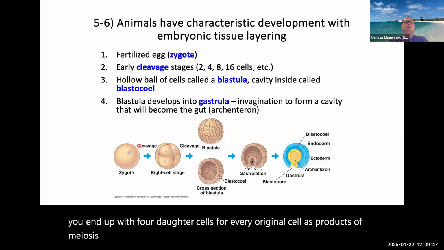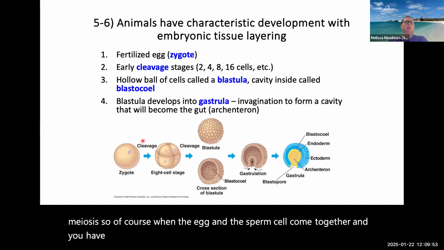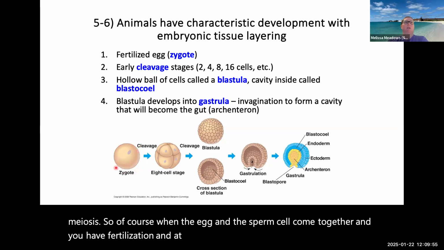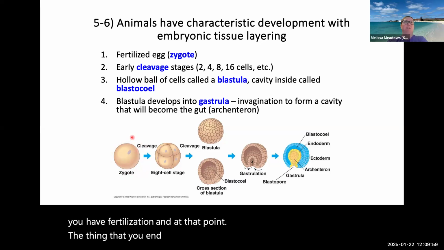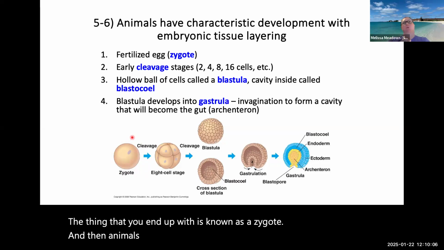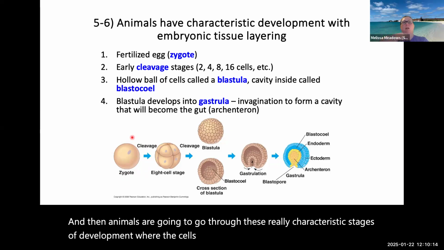So of course, when the egg and the sperm cell come together and you have fertilization, at that point, the thing that you end up with is known as a zygote. And then animals are going to go through these really characteristic stages of development where the cells are splitting and organizing.